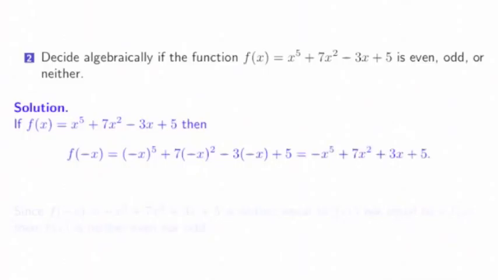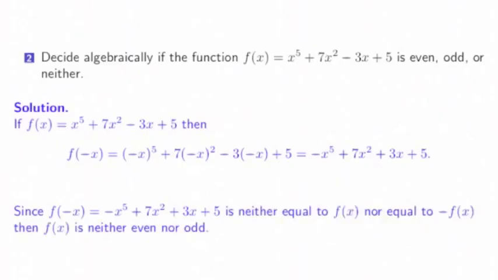Simplify my algebra a little bit. I have minus x to the 5th plus 7x squared plus 3x plus 5. f of minus x gives me that expression. Is that the original expression? No, it's not. Is it the negative of the original expression? In this case, it's not that either. It's neither equal to f of x, nor equal to minus f of x, so it's neither even nor odd.